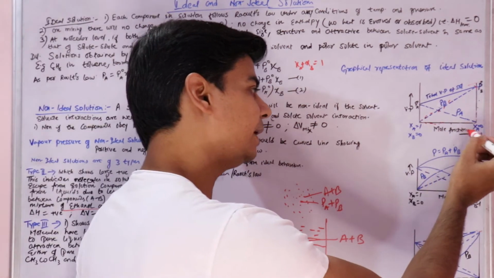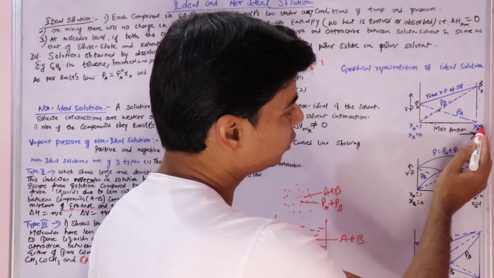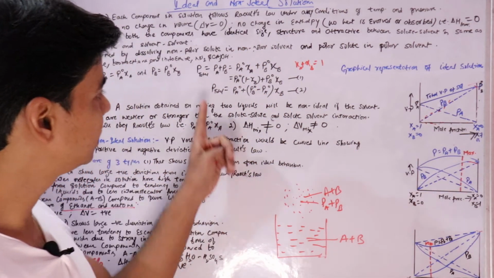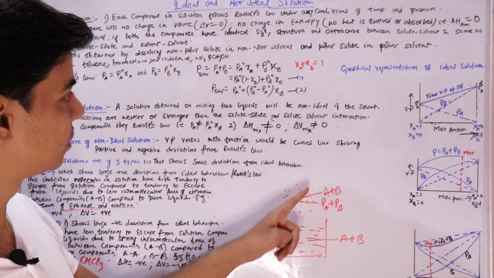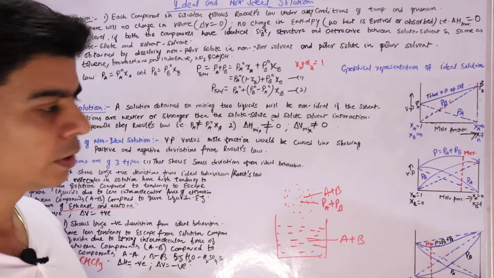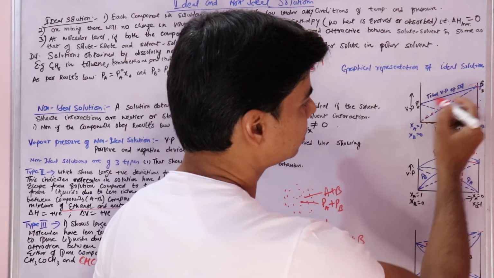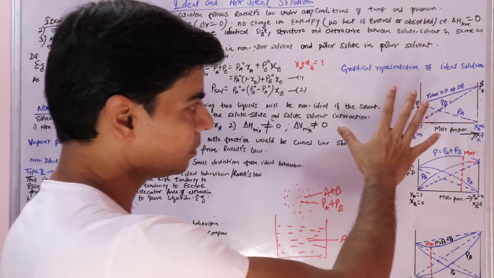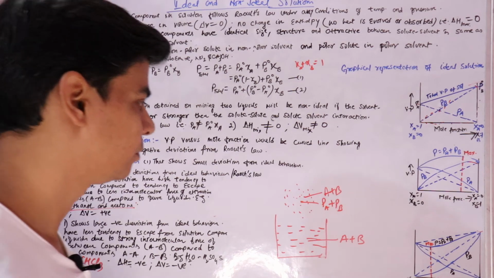So the graph between XA and PA would be a straight line, same as this, right? And the sum of these vapor pressures, that is PA and PB, would be represented by this line joining these two, right? Now these are ideal solutions, right?